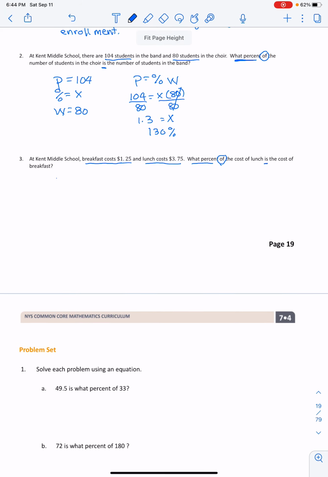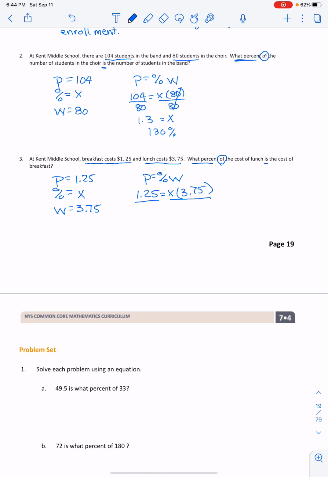So when we set that up, of lunch, so our lunch is $3.75. We are looking for the percent. Is the cost of breakfast, and that's $1.25. So now we have everything set. So we have P, percent, and W. So we have 1.25 equals X times 3.75.